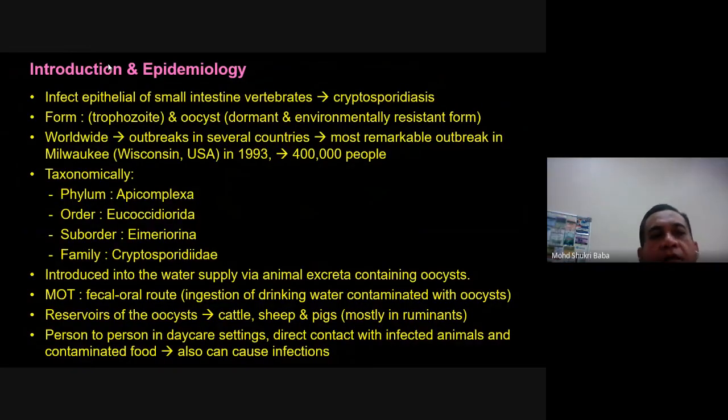For introduction and epidemiology, they will infect epithelial cells of the small intestine in vertebrates, which can lead to the disease called cryptosporidiosis. They have two forms, trophozoite and oocyst, where the oocyst is dormant and resistant towards the environment.